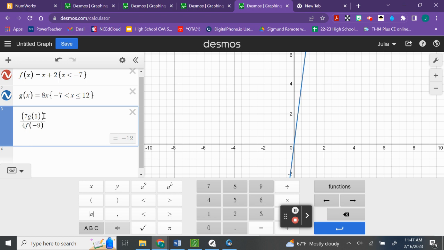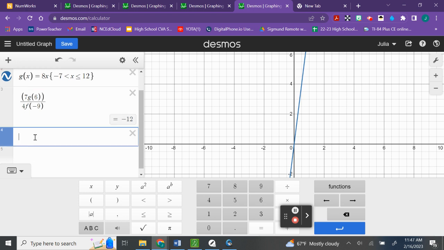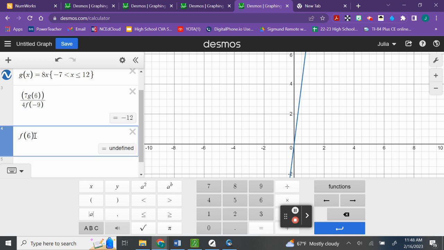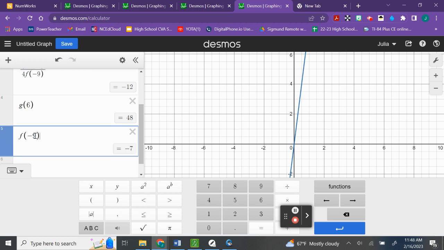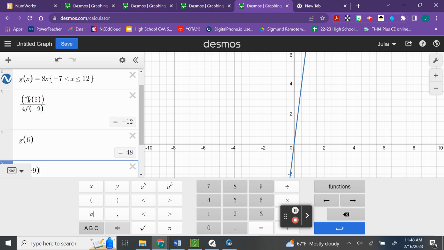Now, if that's too much to figure out, what you could do is, like I said, how we did 1, 2, and then we answered this problem. You could do f of 6, get undefined. You know that needs to be a g of 6, and then you get that 48 like we did, and then you can try the f of negative 9, and we get a negative 7. So now you know that the 6 needs to change to a g here, and then the f stays with that negative 9.